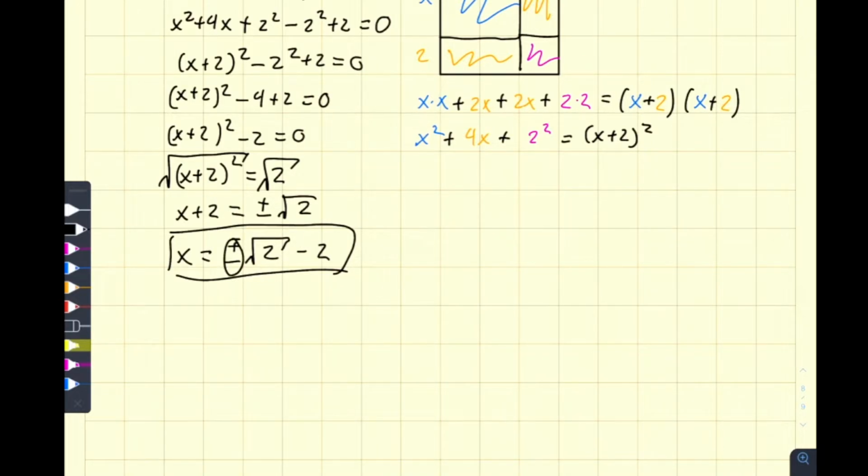So sometimes I would see students thinking that this would be the square root of 2 plus 2, or the square root of 2 minus 2, or the negative square root of 2 plus 2, because they would distribute the negatives. But that is not the case. The plus or minus only belongs to the square root of 2.